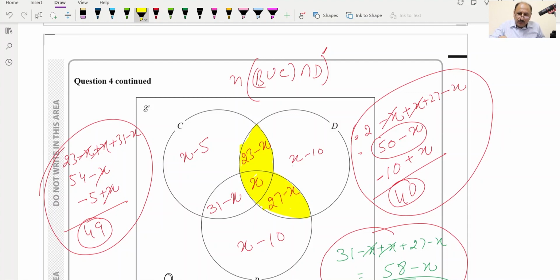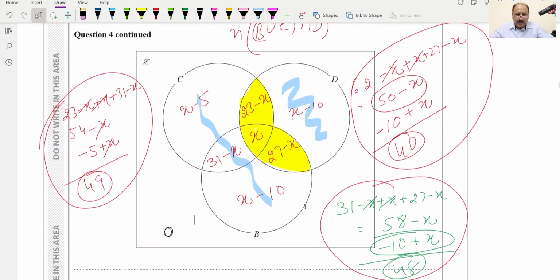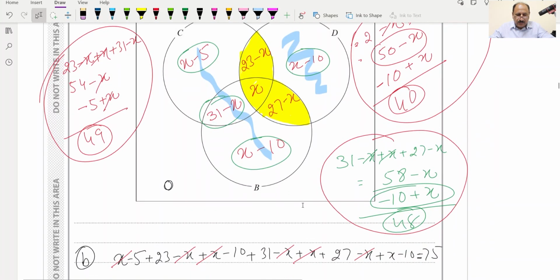And now we have to take the complement of this. So complement means what? Complement means we require this area and this area. So we will add these terms, x minus 10, this one, this one, this one, and this one. We will add these terms, and we can check.